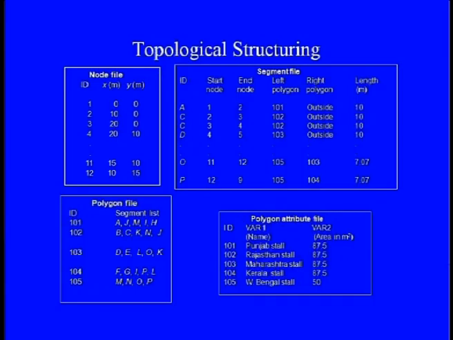Now, based on this, we create another file which we call the segment file, and the purpose of this segment file is to provide a linkage between all the information, wherein it tells what is present on the left hand side and what is present on the right hand side, that is, its topology is defined.